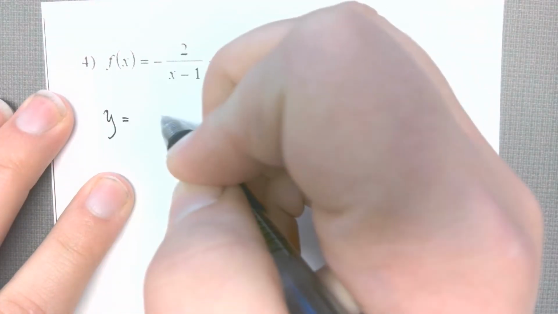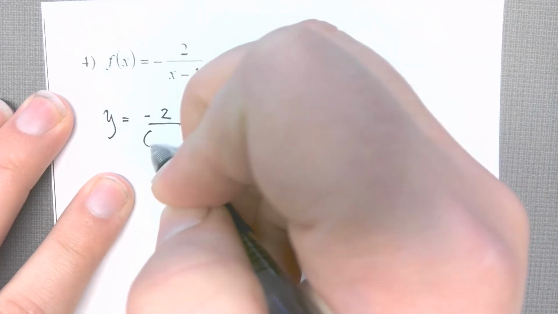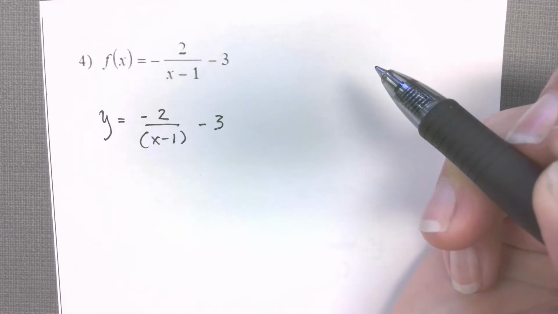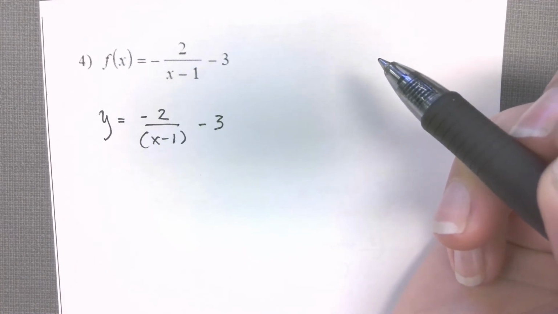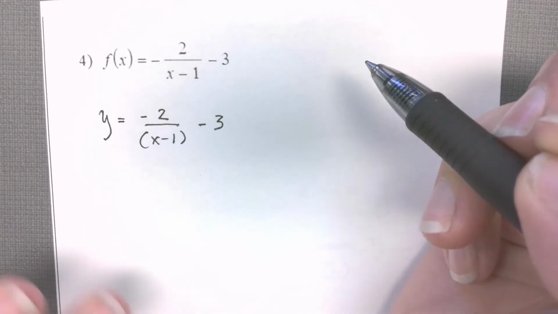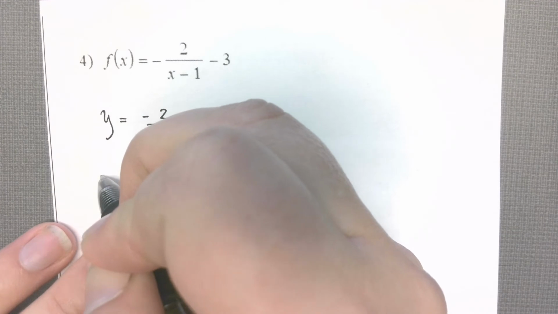Change f(x) to a y. Who knows what step 2 is? Flip x and y. Change x and y.